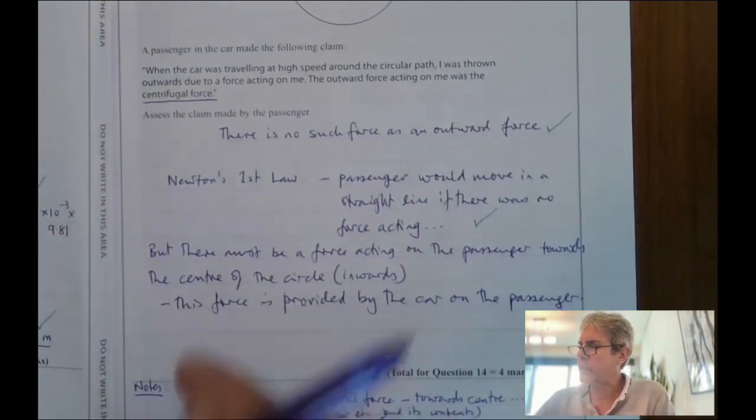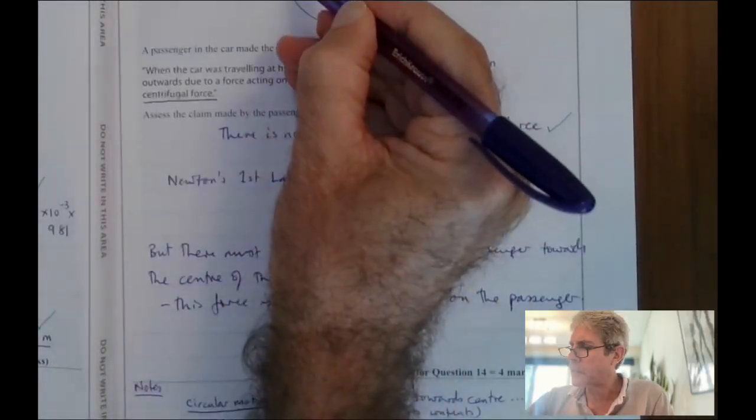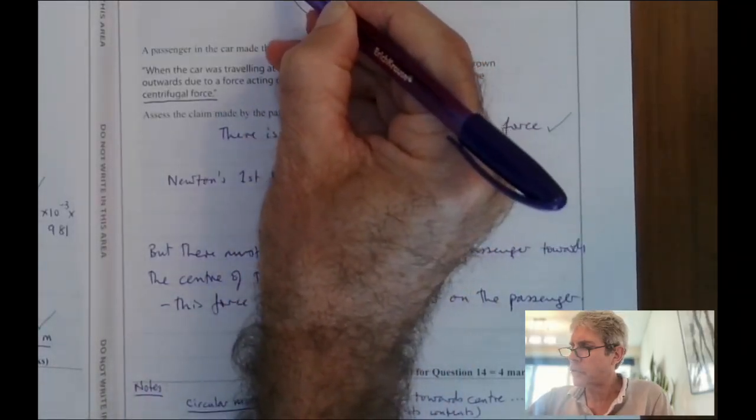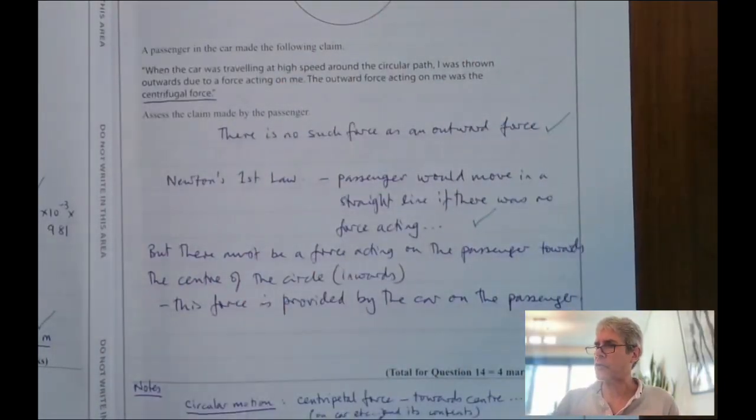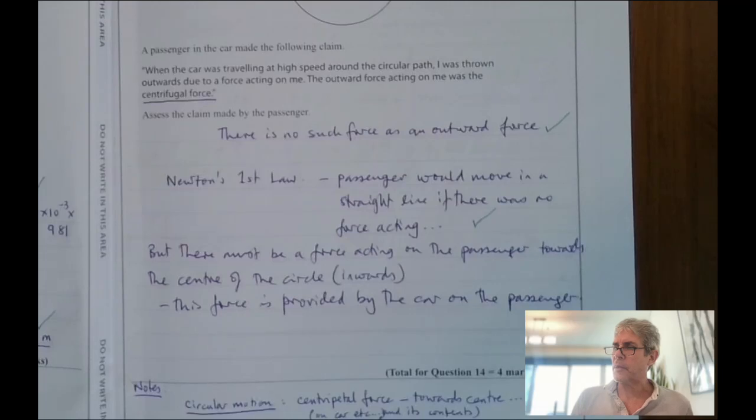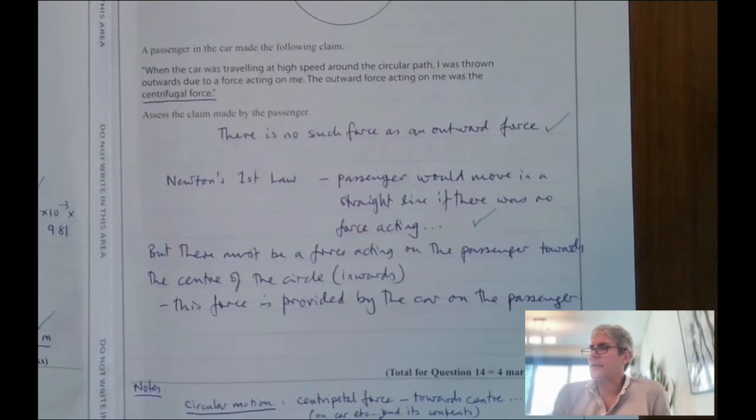Now, if it's in England, the driver's on the inside and the passenger's on this side of the car. So maybe that if the driver's going too fast around the circle, it may feel, because of Newton's first law, that the passenger will be pushed against the door, yes, or feels like it. And it's the door then that is the force that's helping to keep the passenger in the car and stops them from being flung out.